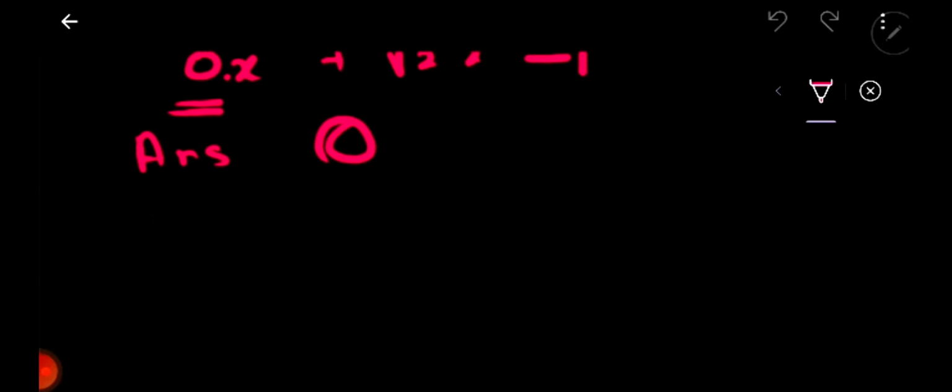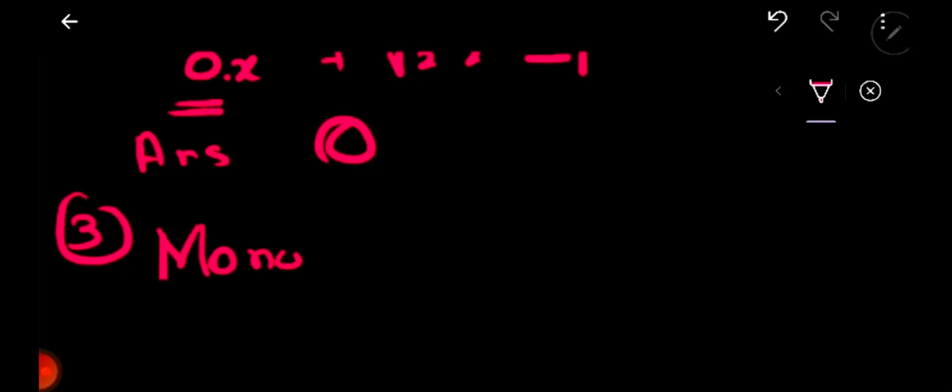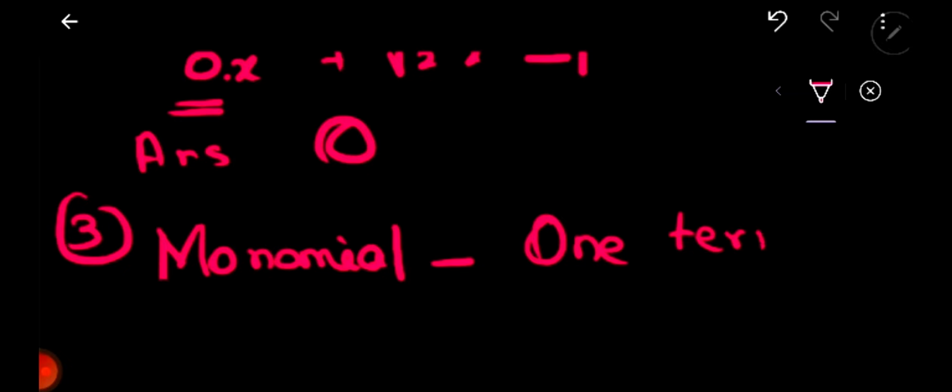Before starting the third question, you should know what a monomial, binomial and trinomial are, because you are going to deal with them in the next question. So it's very easy. What is a monomial? A monomial is also a polynomial, having only one term.